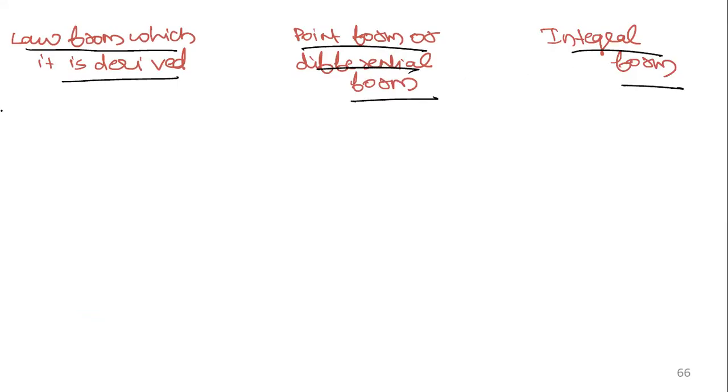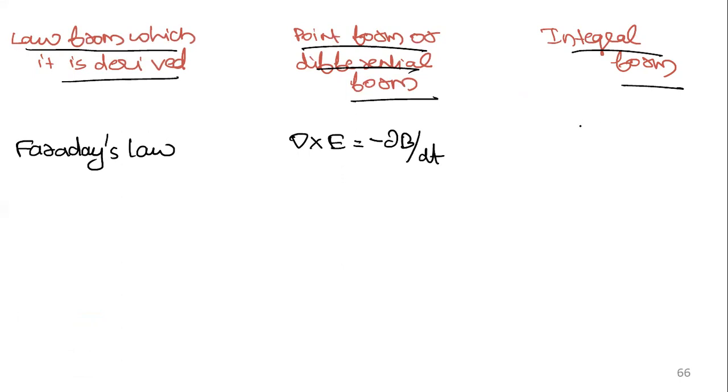So first one is Faraday's law. When we go to Faraday's law, we have seen that del cross E is equal to minus dou B by dou t, and integral E dot dl is equal to minus integral of dou B by dou t dot dS.